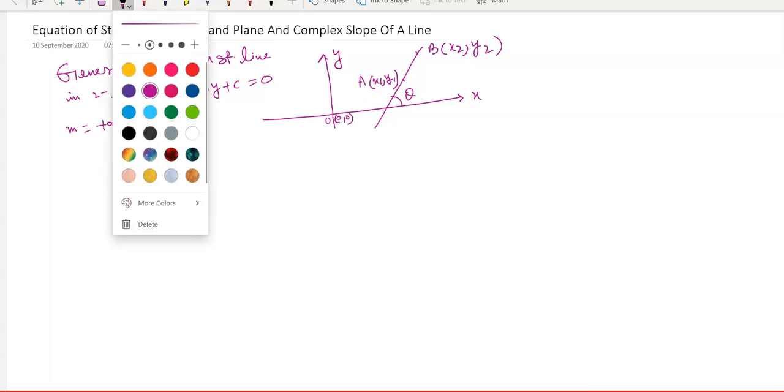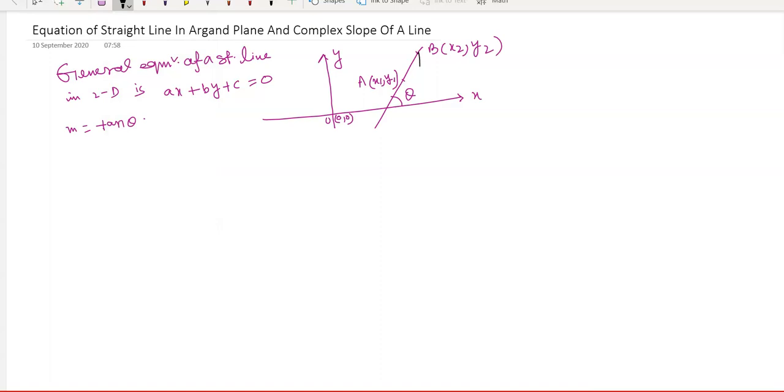Then tan theta of the line you can define if you draw perpendiculars here. AL and BM are two perpendiculars. If this angle is theta, this one is also theta, then tan theta is going to be what?